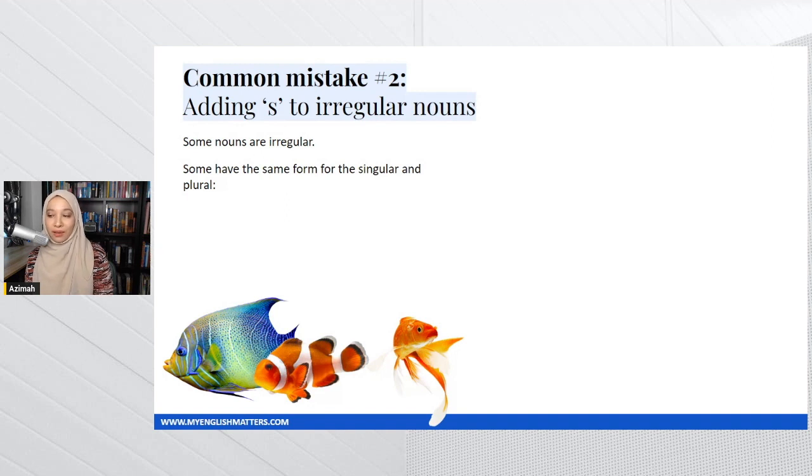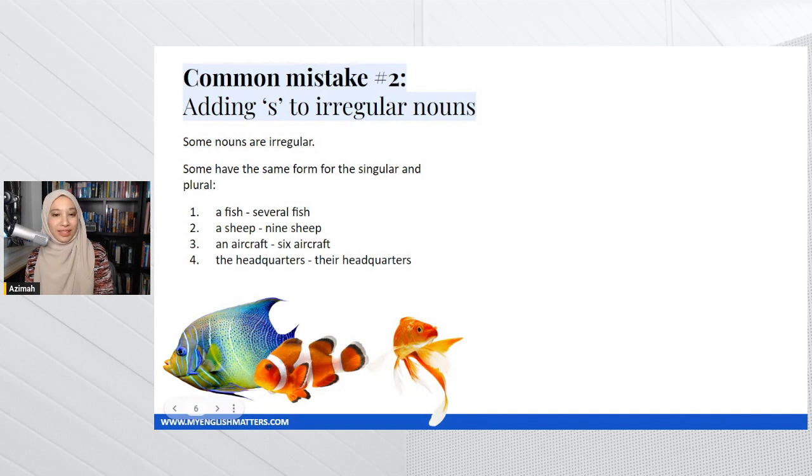If you can see fish there. A fish, singular form. The plural form, several fish, not fishes. A sheep, make it plural, 9 sheep, not 9 sheeps. An aircraft, let's make it plural, 6 aircraft.